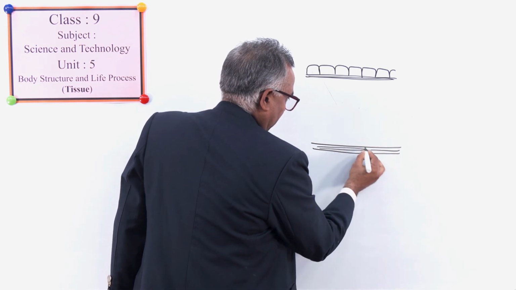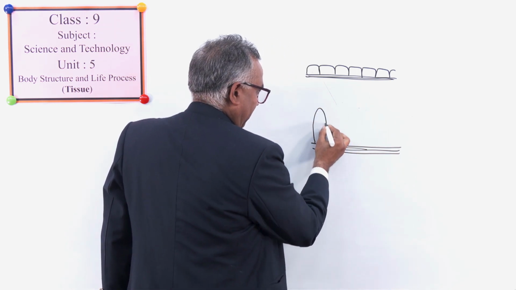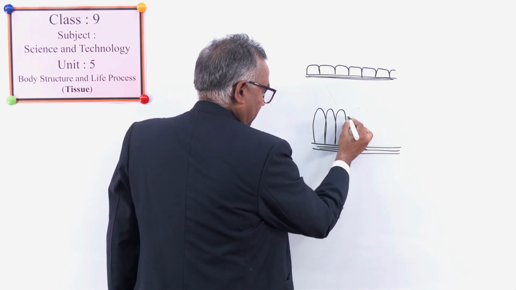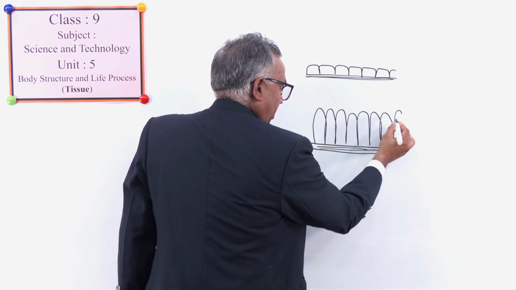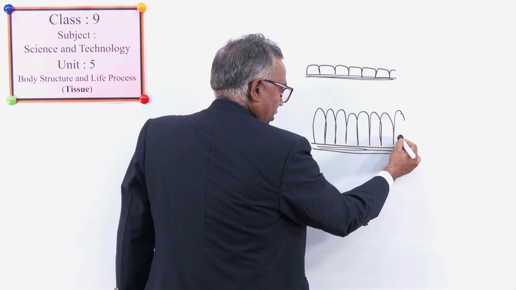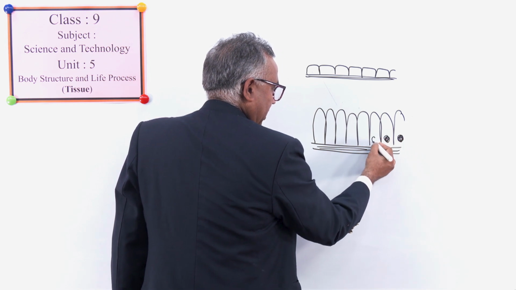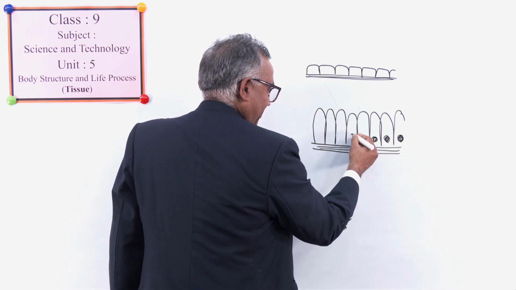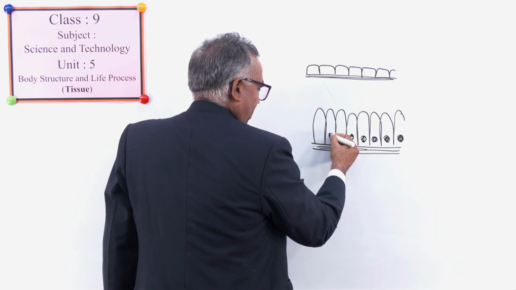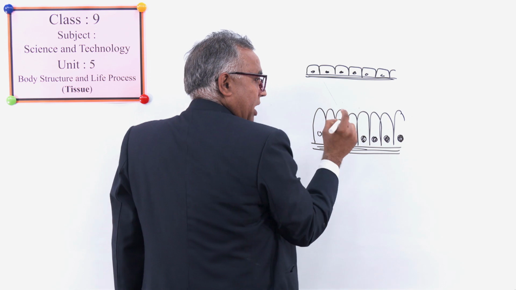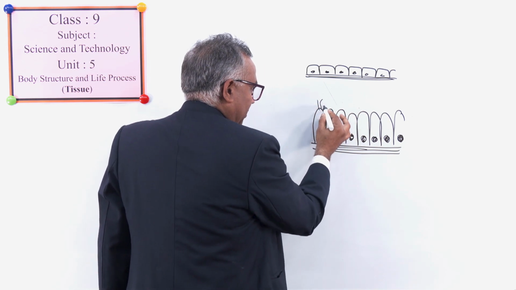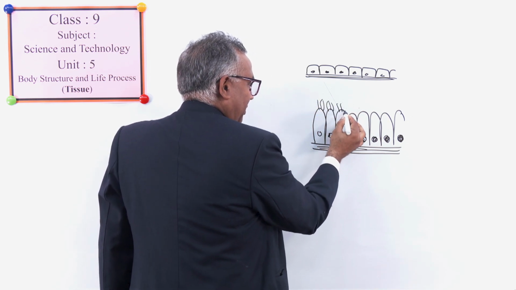This one is another type about which we are just doing, columnar. And here basal nuclei, that means nuclei are found near the base. Okay, leave it. The main thing to make you understand is that if they have hair-like structures here, then their name is changed.